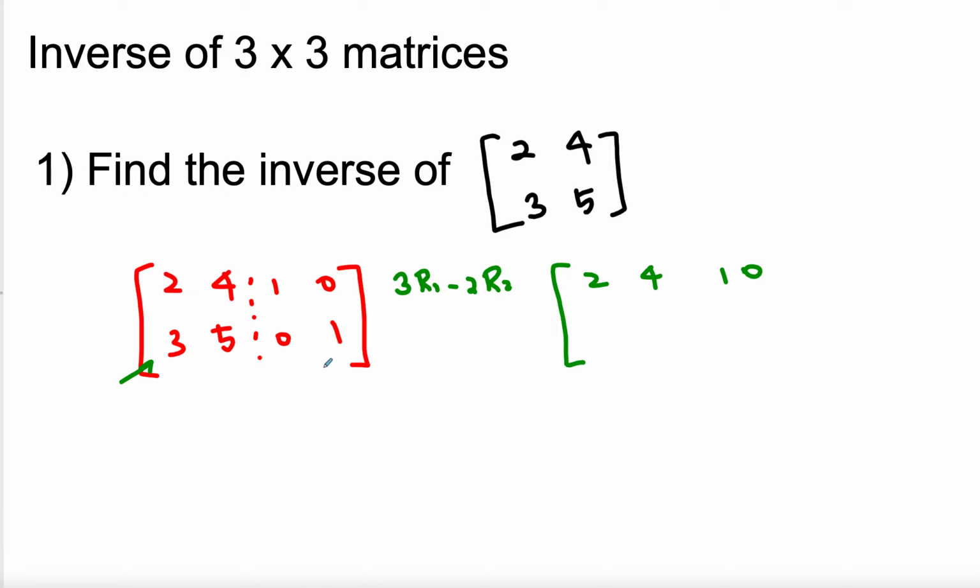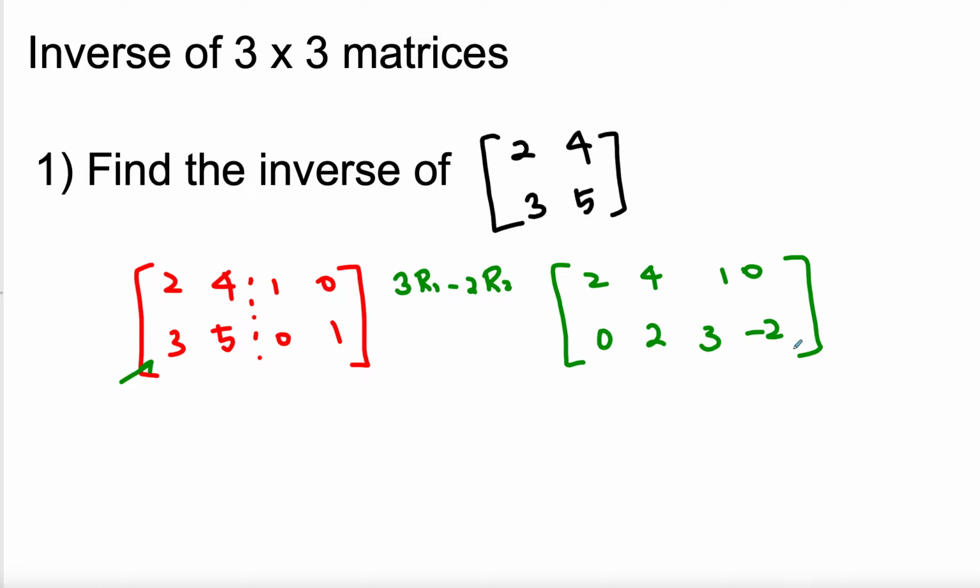My second row becomes 3 times 2 is 6, minus 2 times 3 is 6, so both become 0. 3 times 4 becomes 12, minus 2 times 5 is 10, so 12 minus 10 becomes 2. And then here 3 minus 0 becomes 3, and 0 minus 2 becomes negative 2.